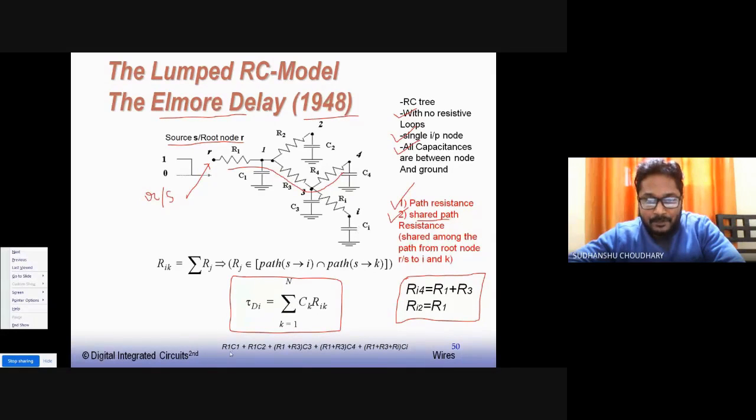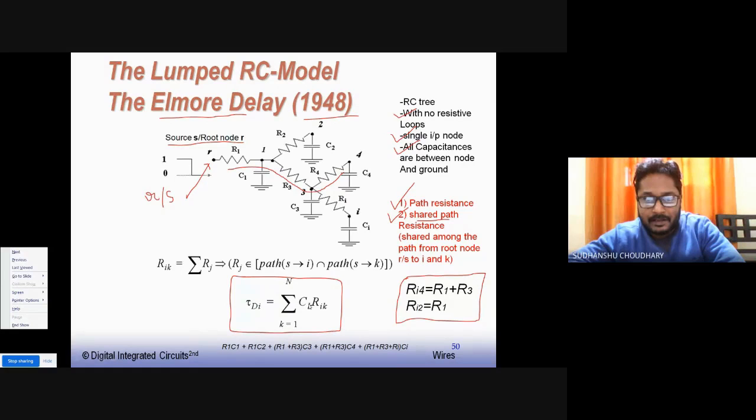So this will be R1 C1, then R1 C2, plus R1 plus R3 times C3. Only the shared path resistance will be considered. So when k is equal to 1, I have R1 C1.